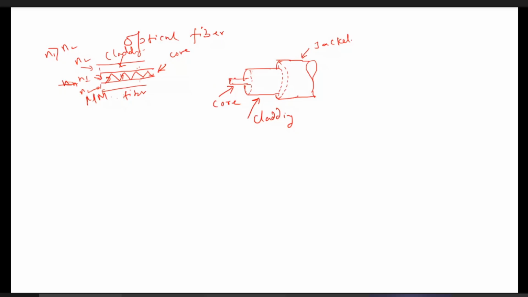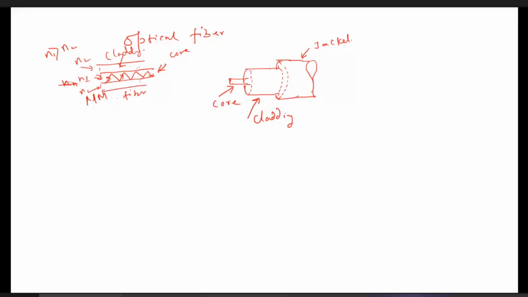Also, with just a core and air around it, you can have total internal reflection, but there can be continuum emissions and scattering will be more. When you consider the deployment of optical fibers, contamination will be there. To avoid those things, the cladding layer is there. It increases mechanical strength and avoids surface contamination.